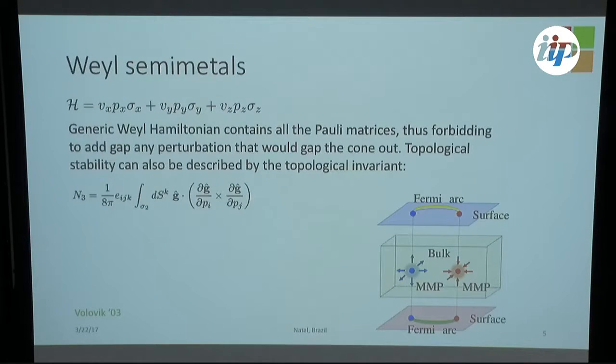Finally, if one integrates this Berry curvature over the surface of the Brillouin zone, one should get 0, and that means that the total sum of the chiralities of Weyl cones over the Brillouin zone should be 0, and then you can't have an isolated single Weyl cone. So here is an example of the simplest Weyl semimetal with 2 cones.